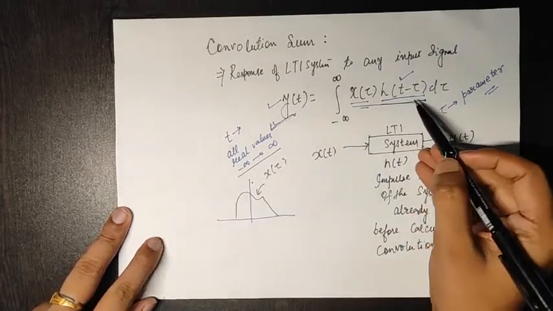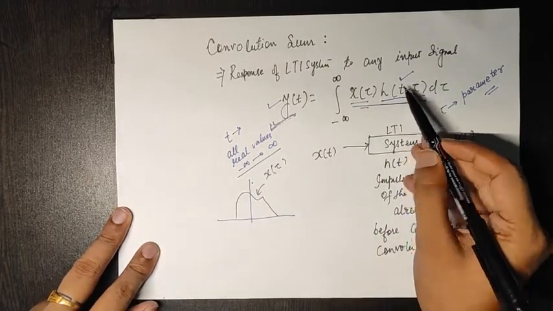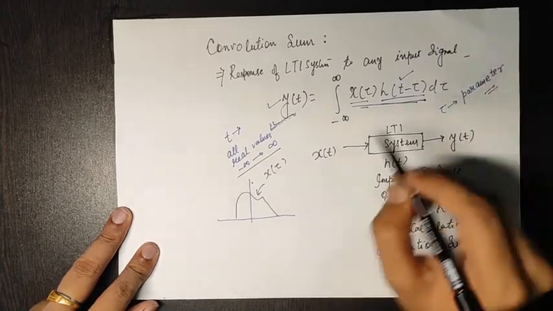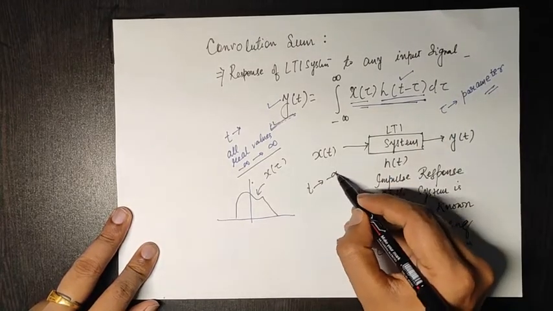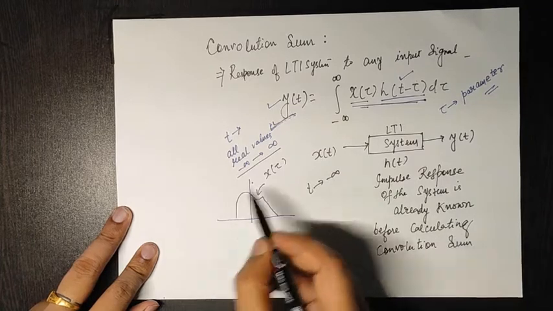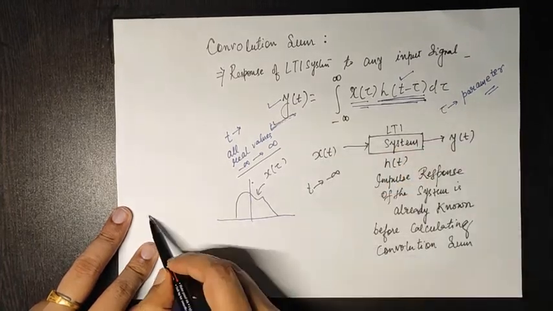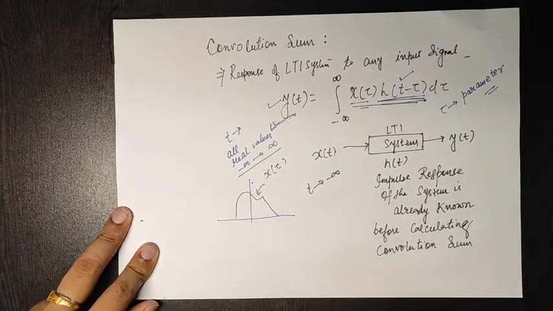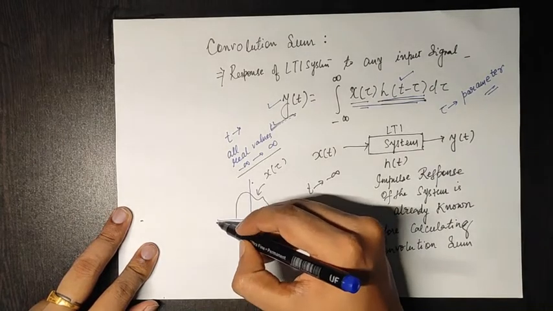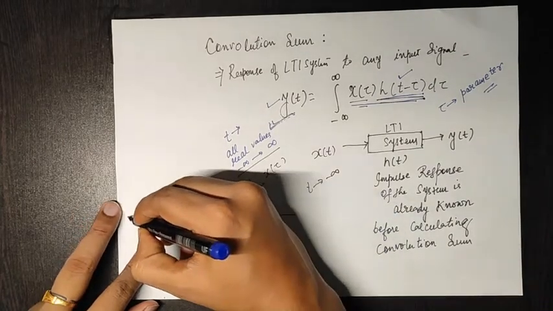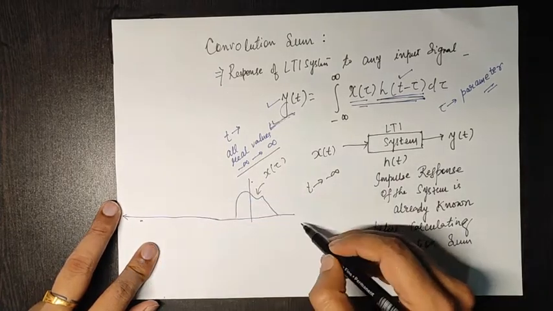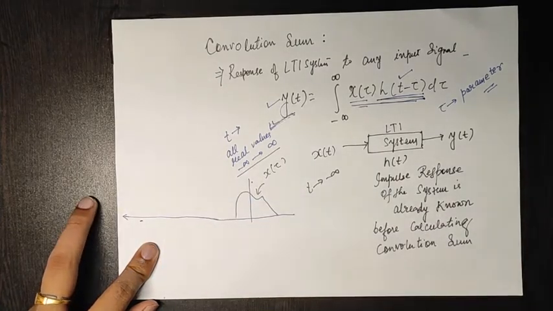What is happening here? When t is at minus infinity, then this h t minus tau, let us extend this backward.